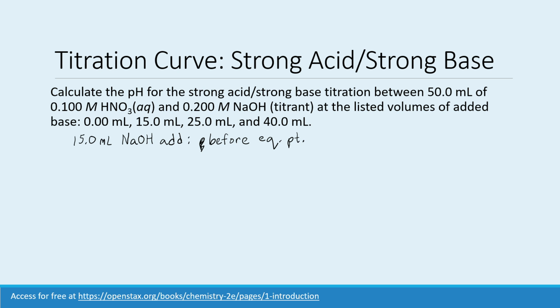And so this is when we've had some of the acid react with all of that sodium hydroxide. So we need to figure out how much sodium hydroxide we have in 15 milliliters. And we need to figure that out in moles. So we're going to take that 15 milliliters, convert it into liters, which is 0.015, and multiply by the concentration of the sodium hydroxide to figure out how many moles of sodium hydroxide that is.